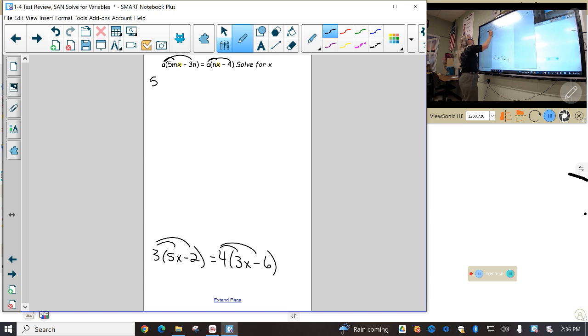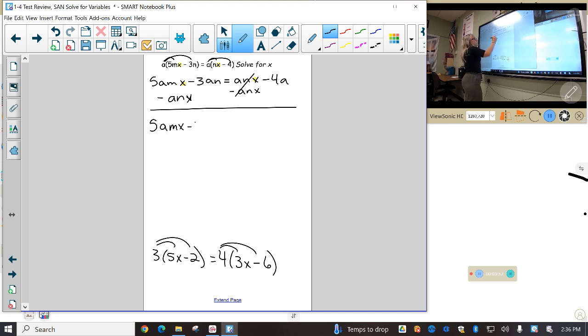So I have 5amx minus 3an equals anx minus 4a. Still have x's on both sides, so let's get them to the same side. You can go either way. I'm going to go ahead and subtract anx from both sides. Anx cancels here, so I have 5amx minus 3an minus anx equals -4a.